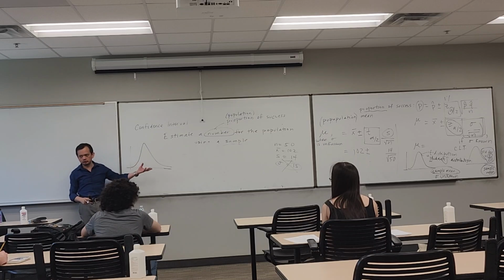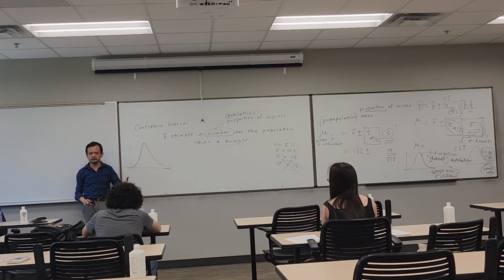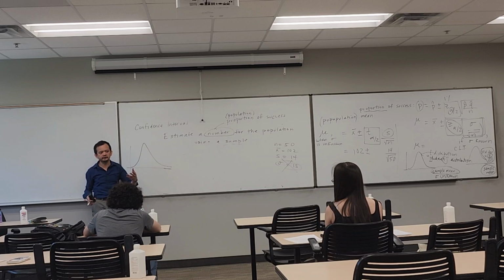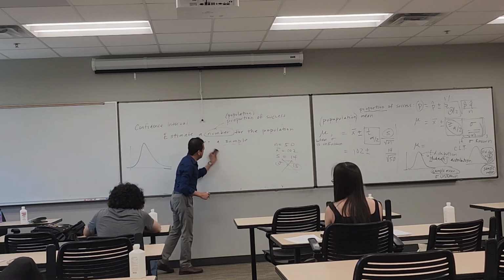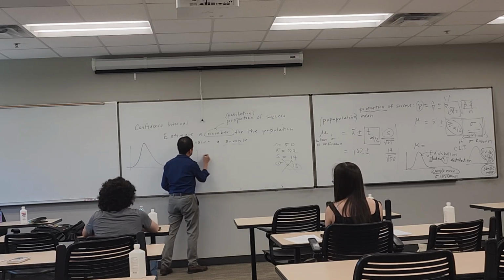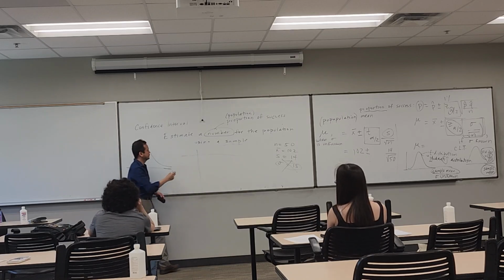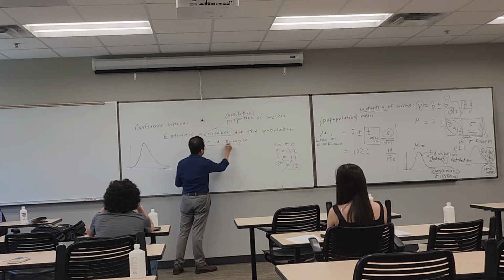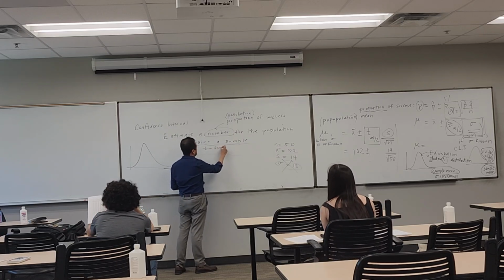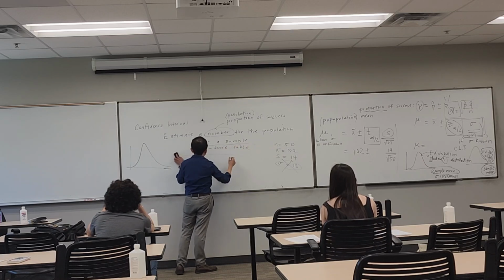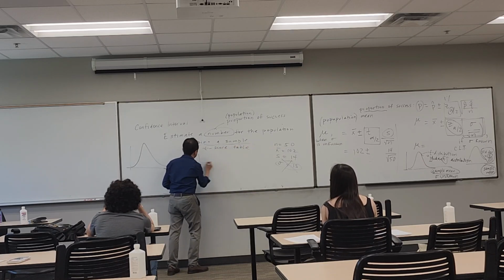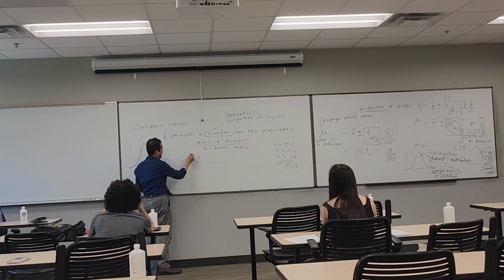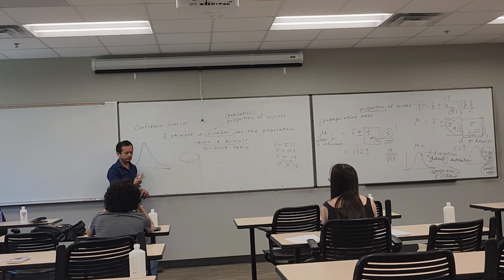And just like finding the z-score before, where we used a table, to find the t-score we're going to do the same thing, use a table, but a different table. So let's first talk about how this table is laid out, and then we'll look at the table together. When you look at the table, the first column you'll see in the t-score table will be something called degrees of freedom.